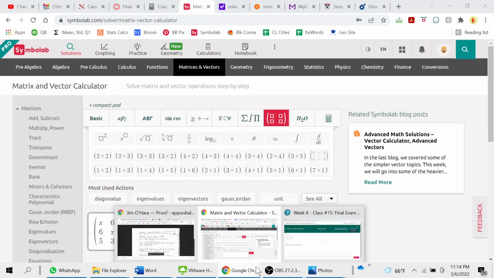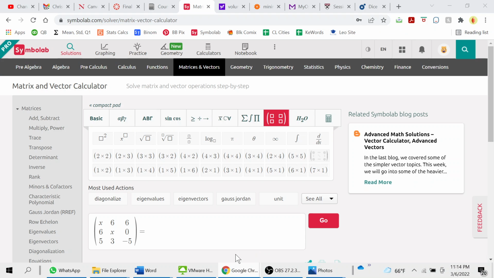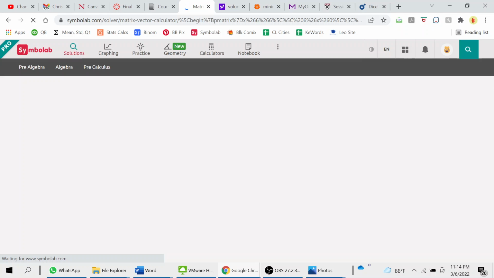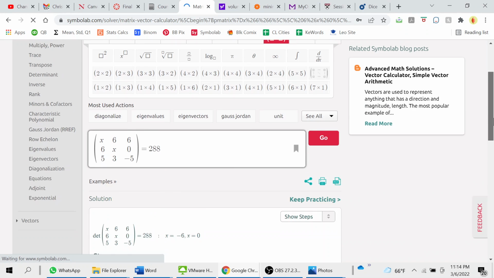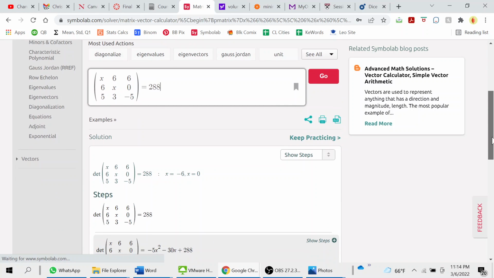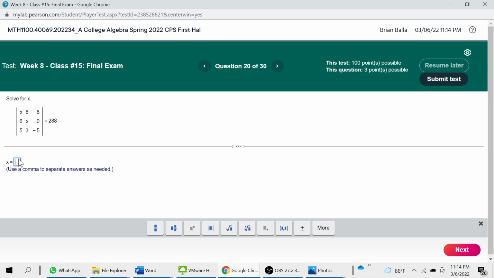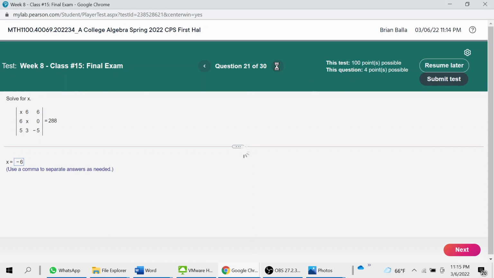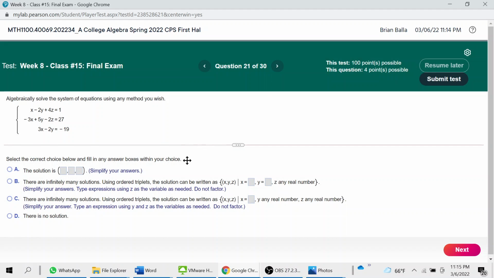And the answer is 288. Let's see if that does anything. X equals -6. Alright. That's okay. We're more than two-thirds of the way there.